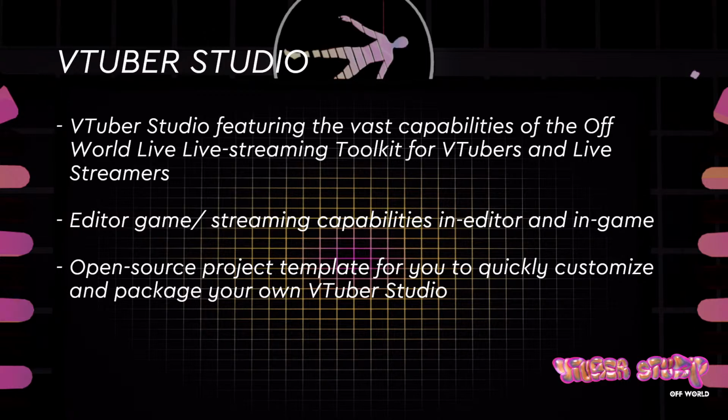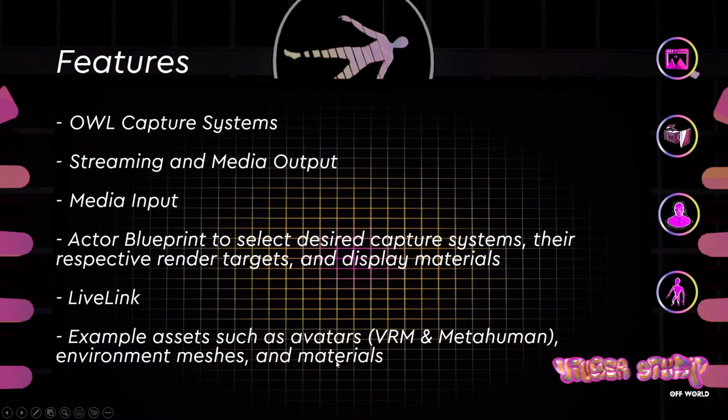So we'll be looking at this open source project template we've been creating to quickly customize and package your own VTuber studio. And as mentioned, there are some features in this VTuber studio, and we have included different capture systems such as Cinecam capture, 360 capture, as well as viewport capture.